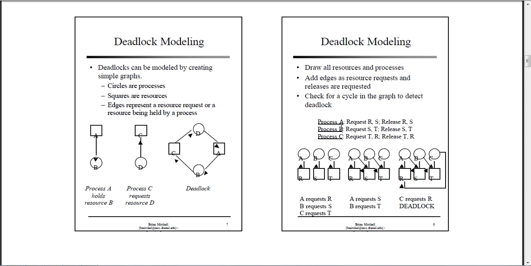So process A requests R and S, then releases R and S. Process B requests R, S and T, and releases S and T. And process C requests T and R and releases T and R. So here, A requests R, B requests S, C requests T, and A requests S, B requests T, C requests R. Therefore, deadlock.